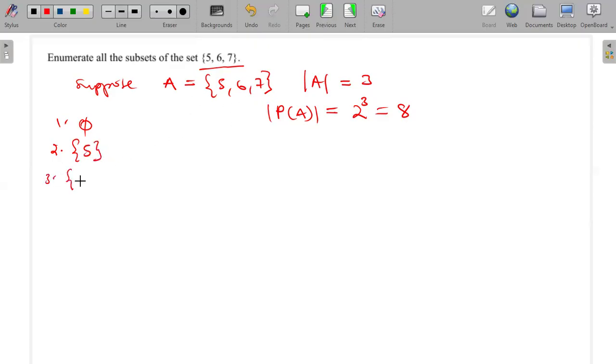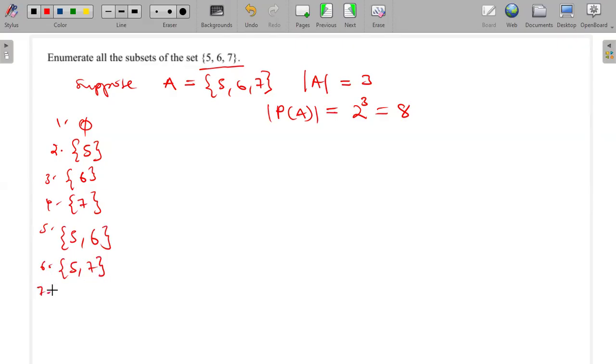It's going to be a subset there. And then I go to the one that contains the element 6. Then I go to the one that contains the element 7. Okay, and from here I can go to those that contain 2 elements, that is, that contains elements 5 and 6. And then I go to the one that contains the elements 5 and 7.